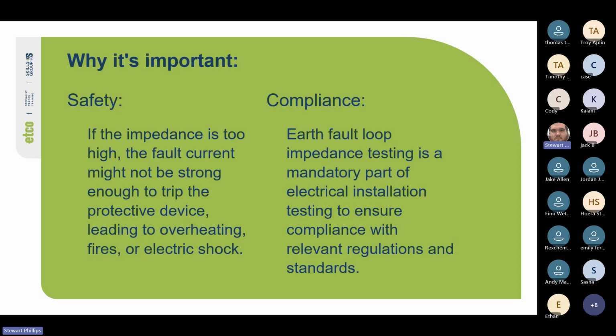There are readings you have to meet, and if you need to adjust anything, you adjust things. But it is a requirement at the switchboard. Some people read 3000 as saying that as long as you have RCDs, it can fail and it's fine. But at the end of the day, your RCD is not going to protect against a dead short.